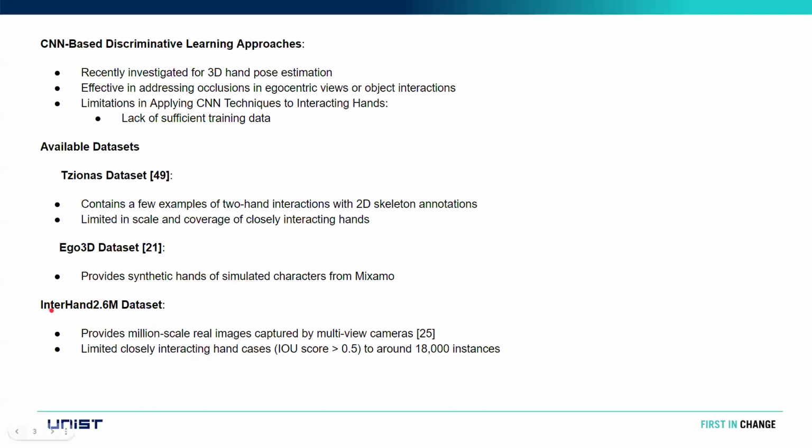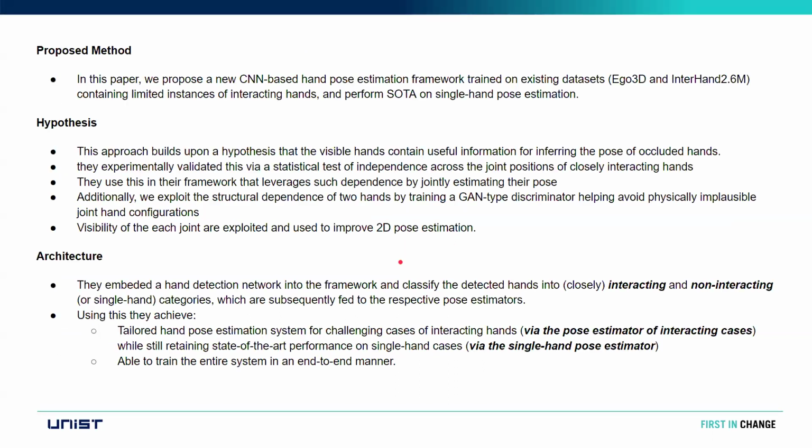Even though InterHand has million-scale real images, when you just focus on interacting hands, with an IoU bigger than 0.5, meaning the intersection over union of both hands' bounding boxes is bigger than 0.5, so they're really interacting, the number of images reduces to just 18,000. So this is a limitation.